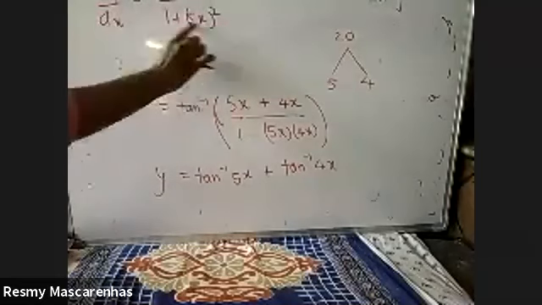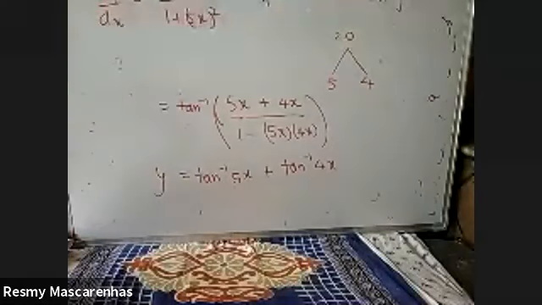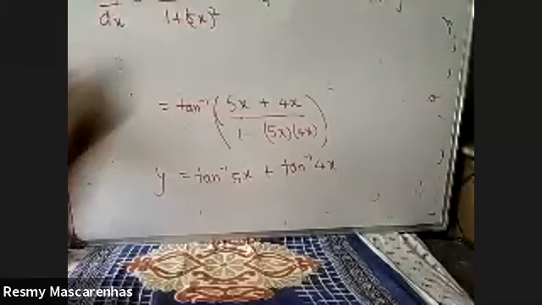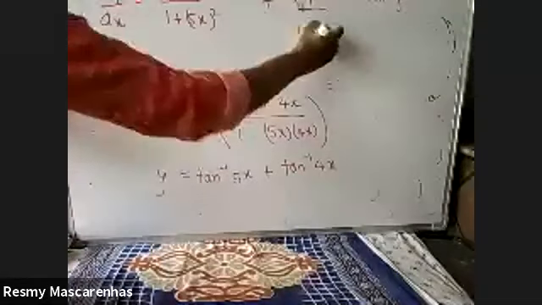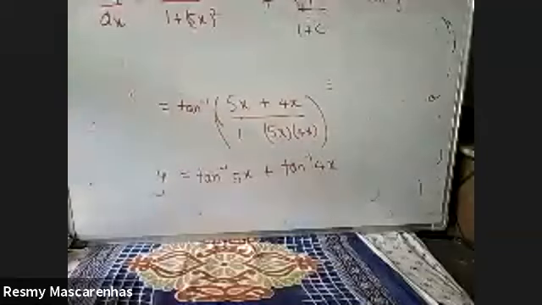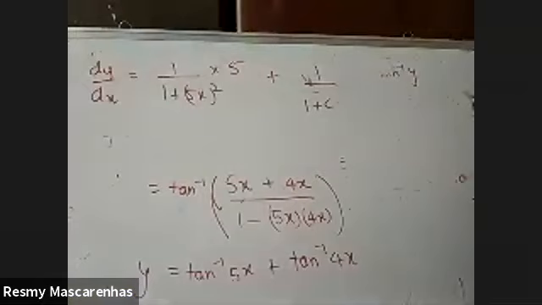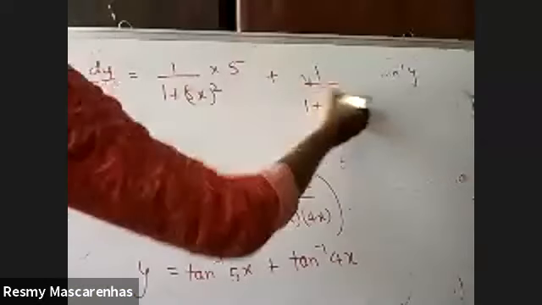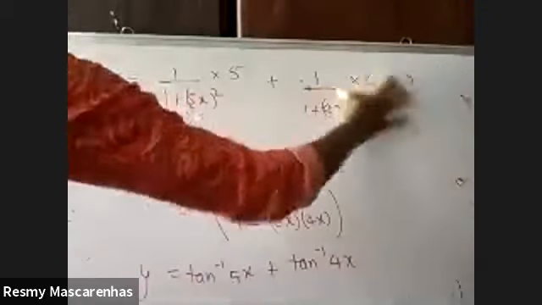So you have to take the derivative of this plus, this will be 1 upon (4x) the whole square into 4.